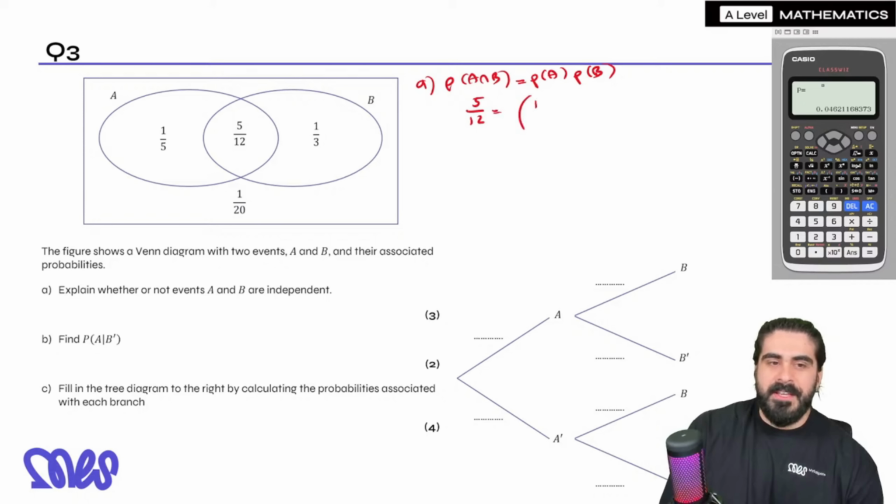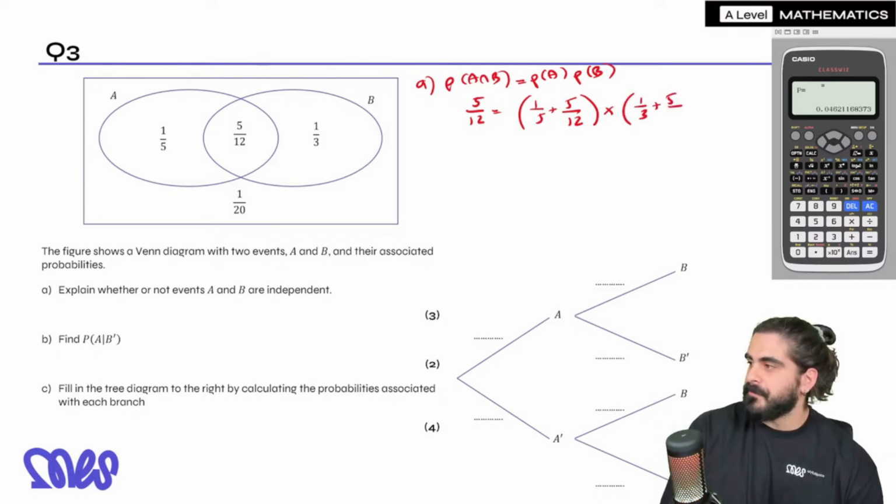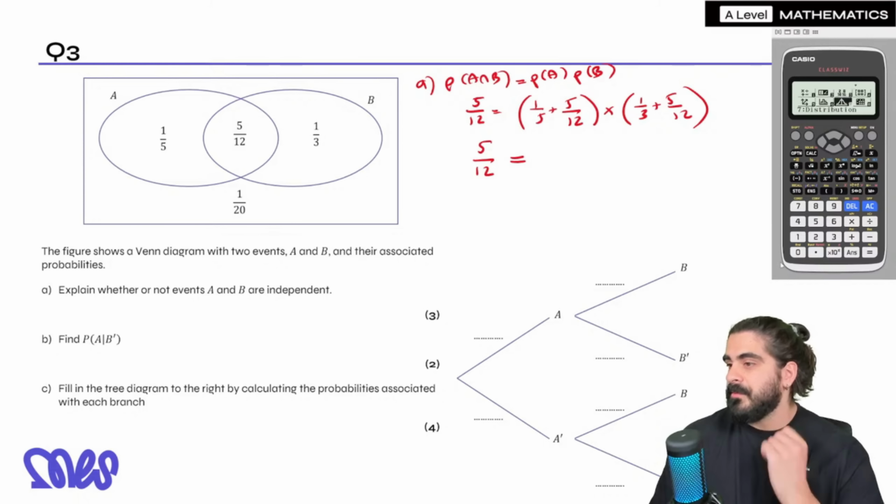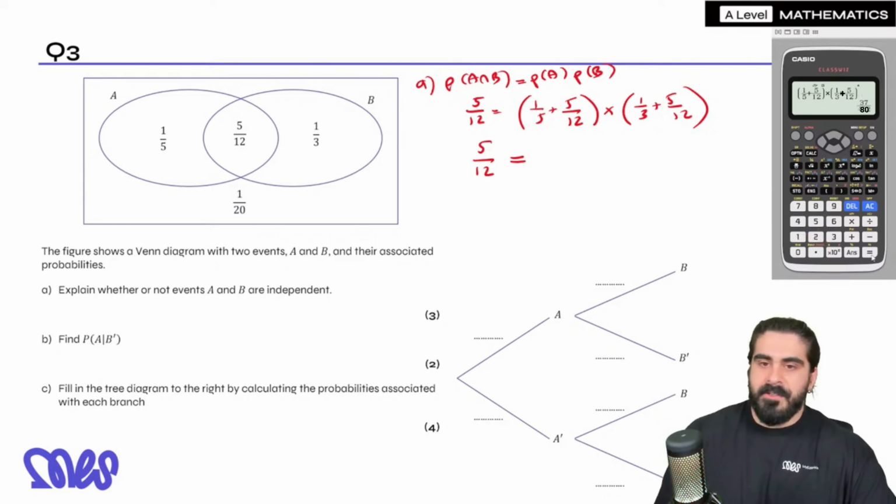Now the probability of A is a fifth plus 5/12 times probability of B, which would be a third plus 5/12. Okay, so let's see what they multiply to give. Okay, definitely not the same. Therefore, not independent.